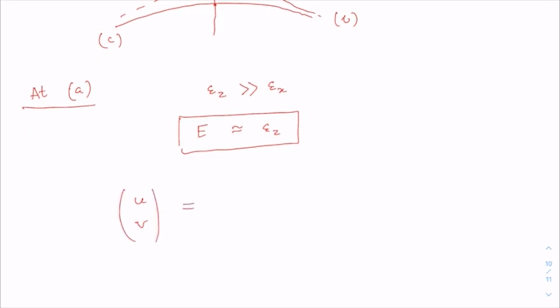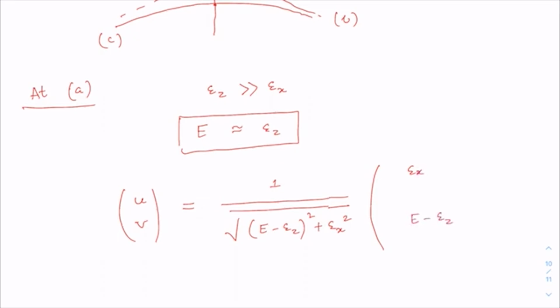From the eigenvector equation we have uv equal to 1 by the square root of, let me first write the normalization parameter here, (E minus epsilon z) square plus epsilon x square, times (epsilon x, E minus epsilon z).